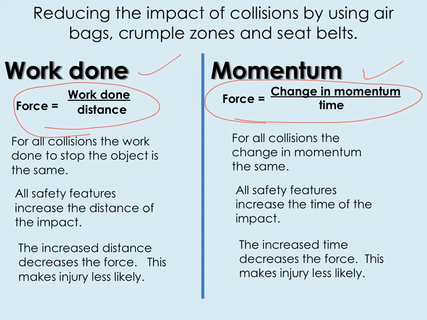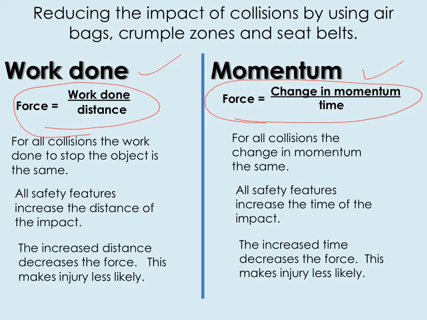So I'll talk you through how to answer a question if it comes up, such as how do seat belts or crumple zones or airbags reduce the impact of a collision or the force acting on a person. So the first thing to realise in both arguments is that the force is the thing that causes injury. And the idea of using seatbelts, crumple zones or airbags is to try and reduce the force acting on the person who's involved in that collision.